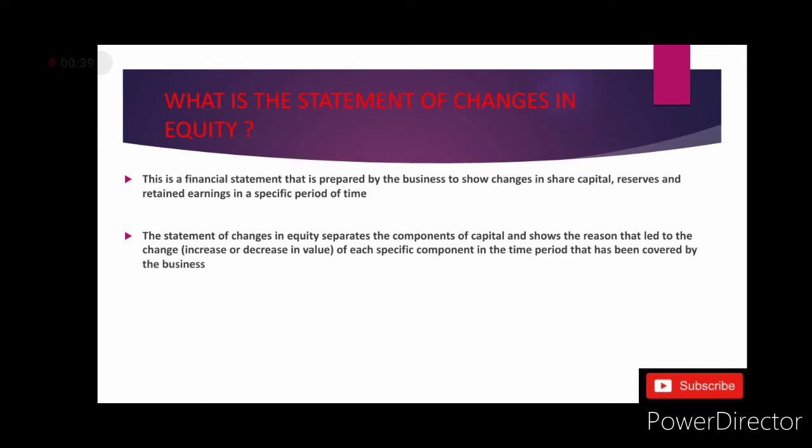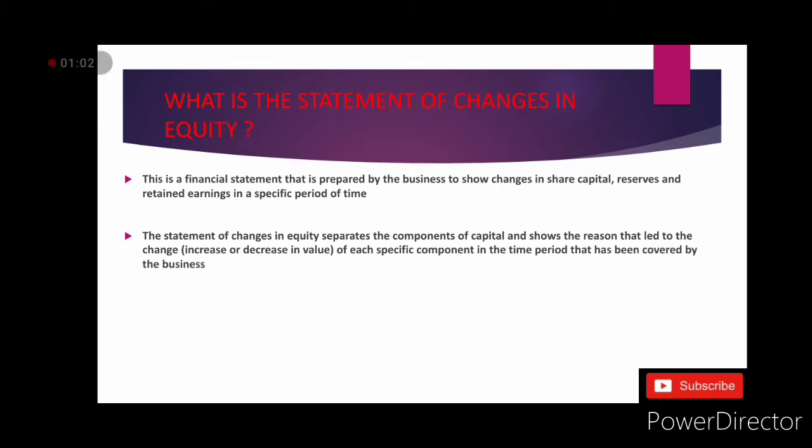So basically there's another statement dedicated to providing more specific information about the shareholders equity, and particularly the change in its valuation. All those components tend to change in value from time to time.